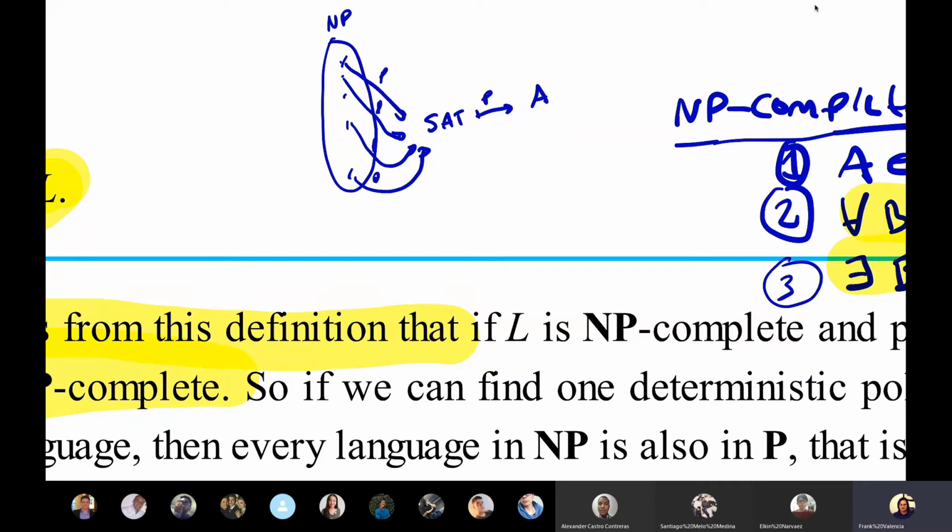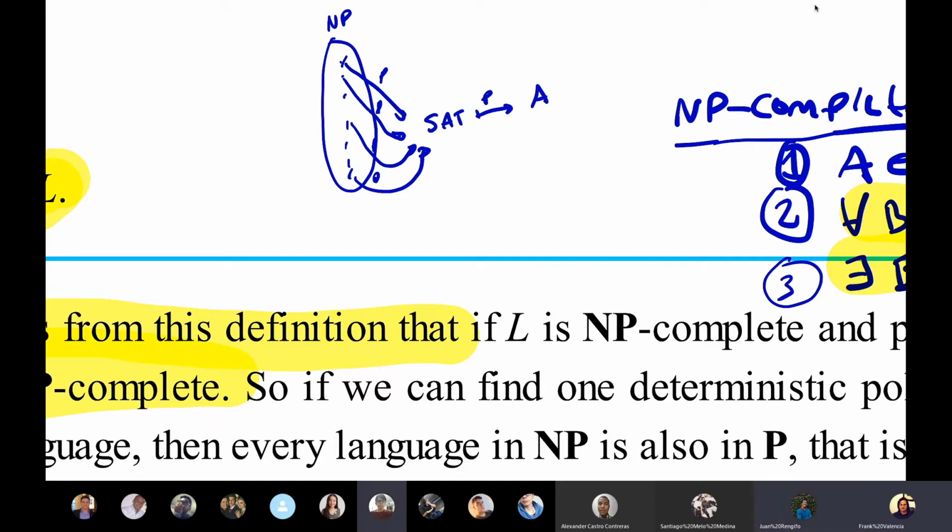So all of them can be reduced to A. Exactly, because you just reduce this one to SAT, and then from SAT to A. This is a polynomial, this is another polynomial. That means that you can reduce this in polynomial time. You first transform it to this one, and then transform it to this one. You understand?